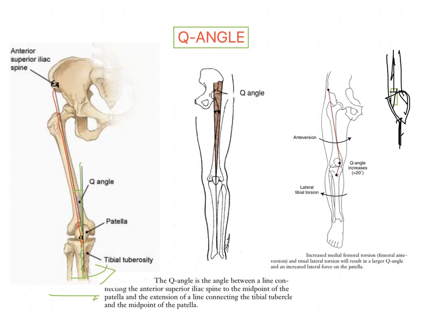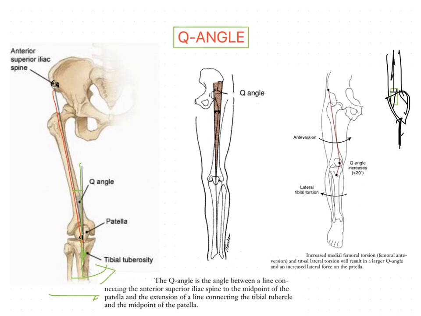If the tibia is rotating medially, then the line connecting the tibial tuberosity comes almost nearer to the line connecting the anterior superior iliac spine to the midpoint of the patella. So definitely the angle is going to reduce.